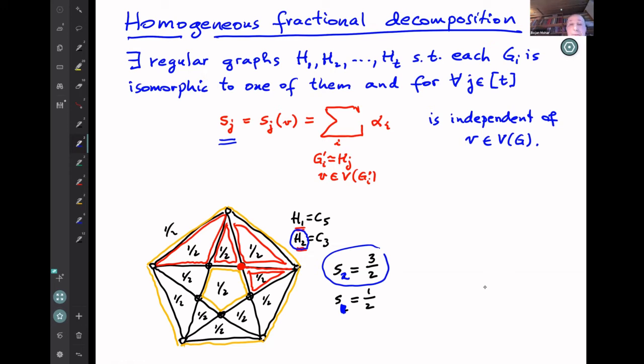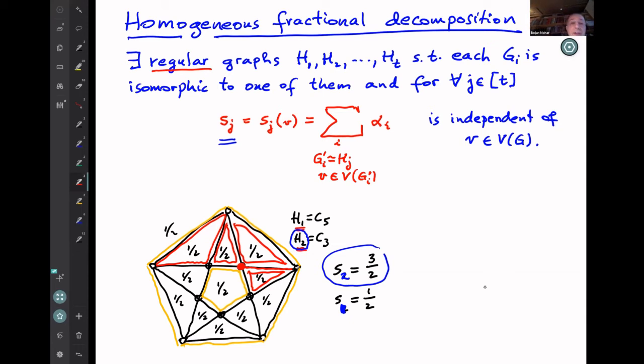And in general, instead of 2, you may have T types of these subgraphs. An additional condition here is that all these subgraphs will need to be regular.